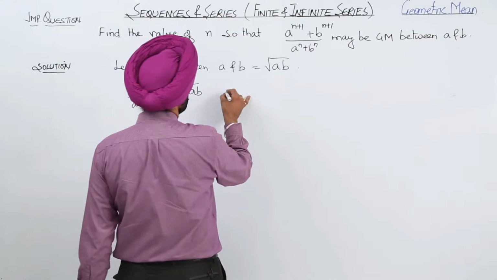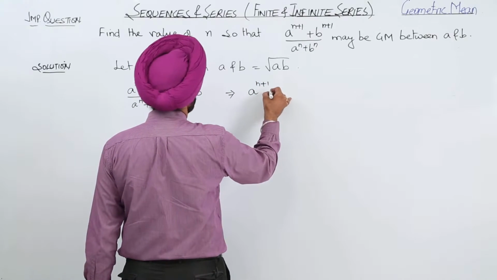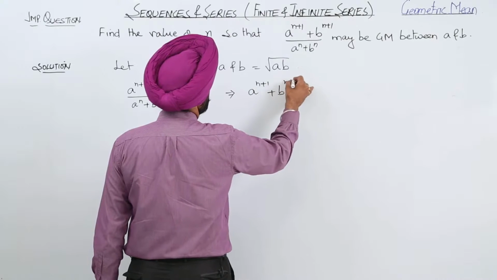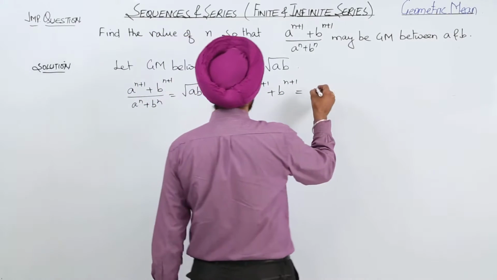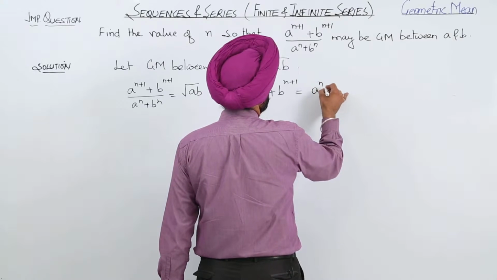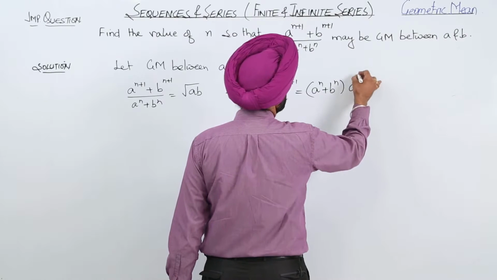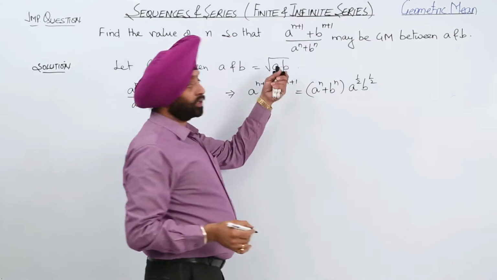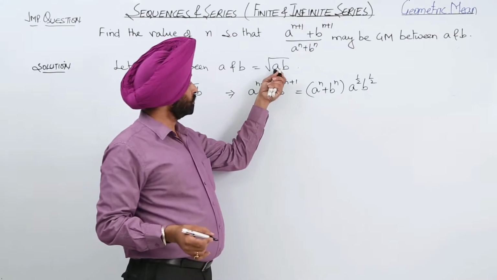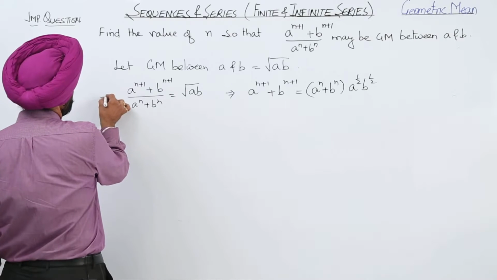Now to this what we can write? a^(n+1) + b^(n+1) is equal to (a^n + b^n) with a^(1/2) b^(1/2). Now the square root of ab, we can write as a^(1/2) b^(1/2).